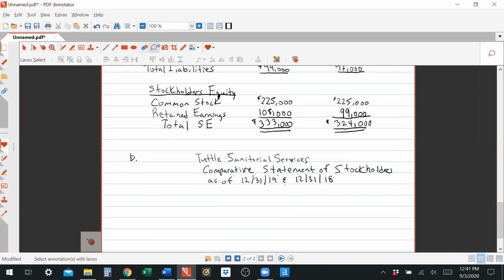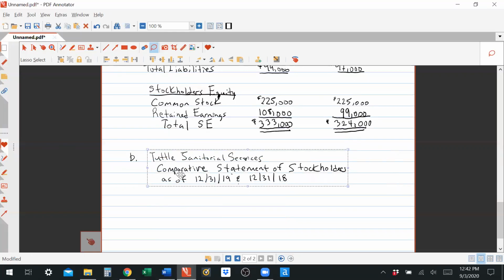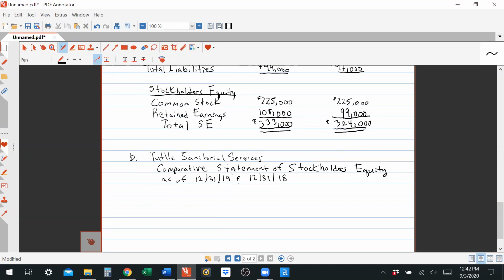And I'm running out of room, so let me move this over. And then we need to change these words. The statement of stockholders' equity is a periodic statement. It's not as of. It's what happened during the years of 2019 and 2018.